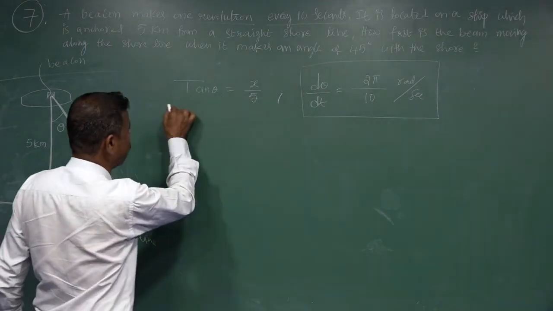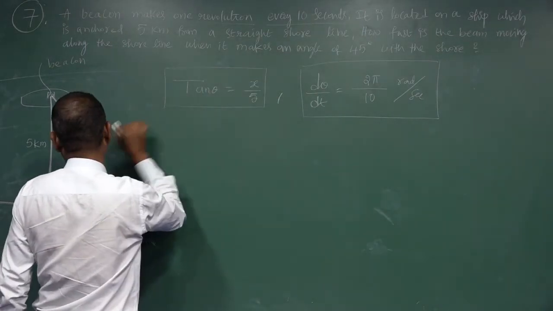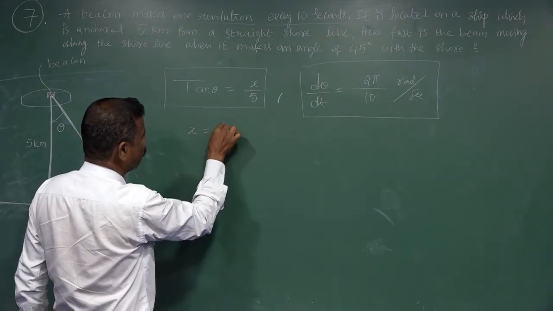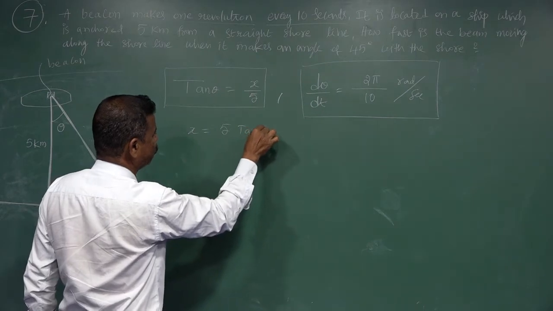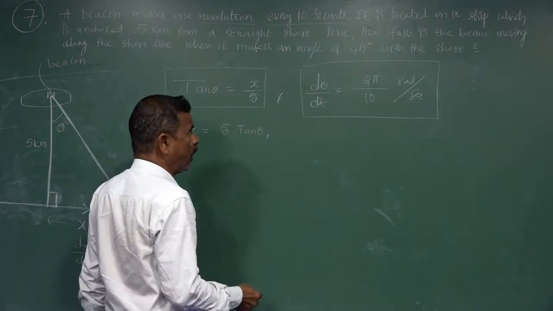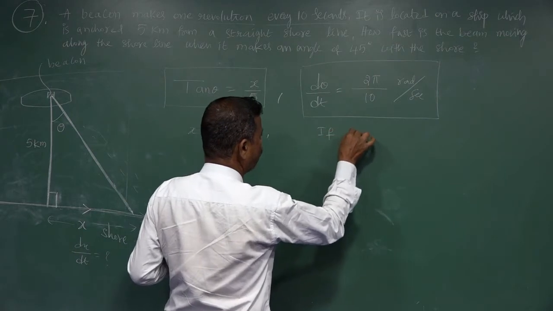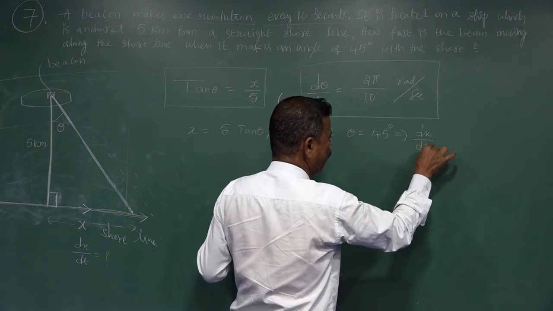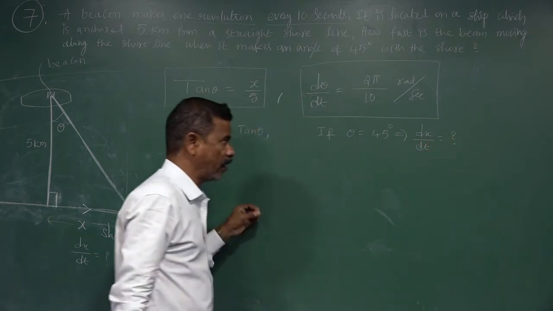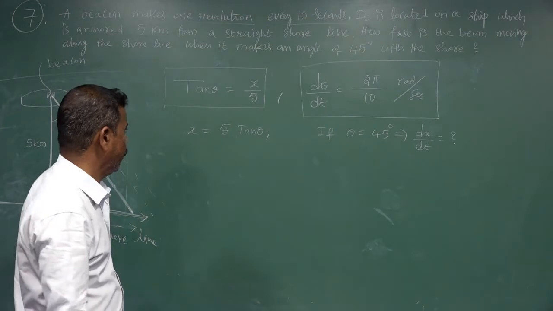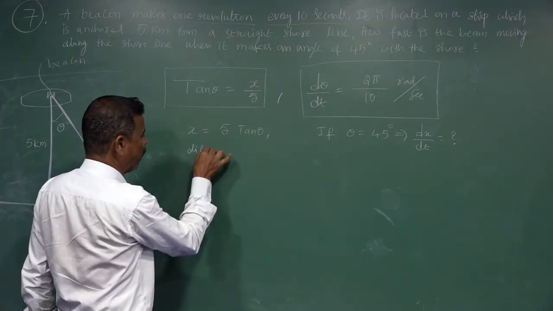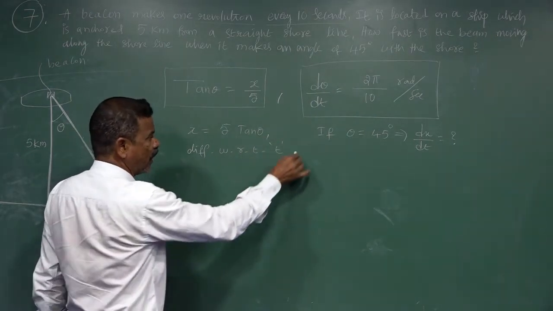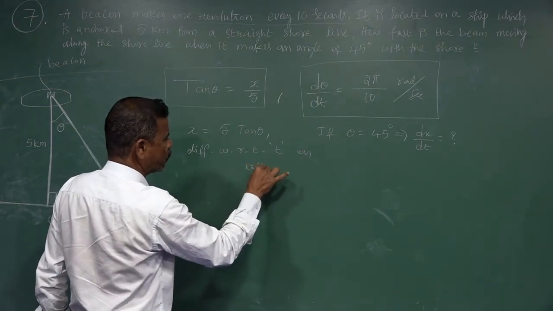Next, the relation tan theta is equal to x by 5 from this diagram. Taking the cross multiplication, x is equal to 5 tan theta. Here, if theta is equal to 45 degrees, then dx by dt, how much? That is the question here. We find dx by dt by differentiating with respect to t on both sides.